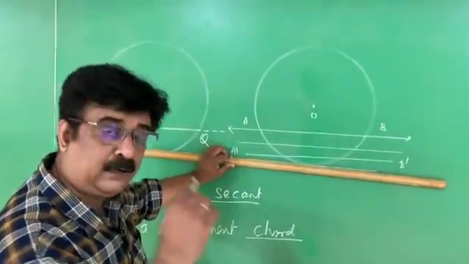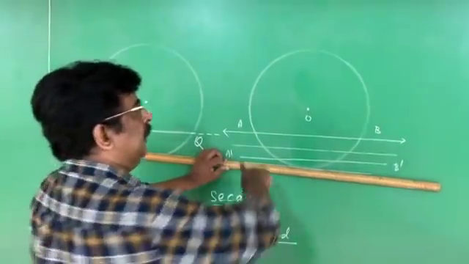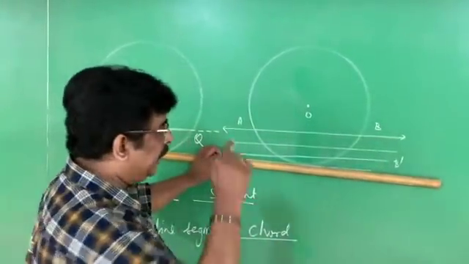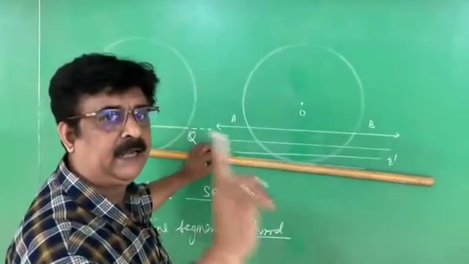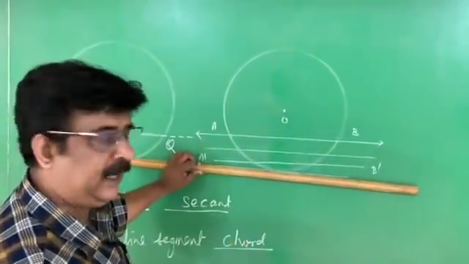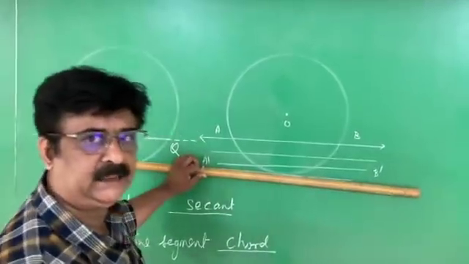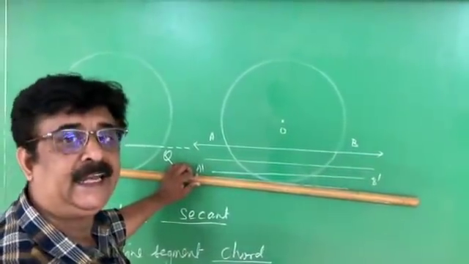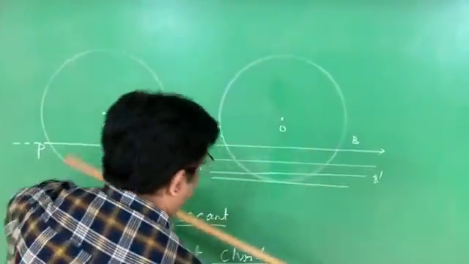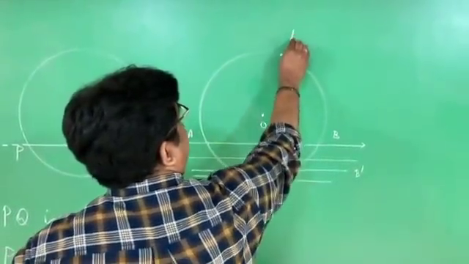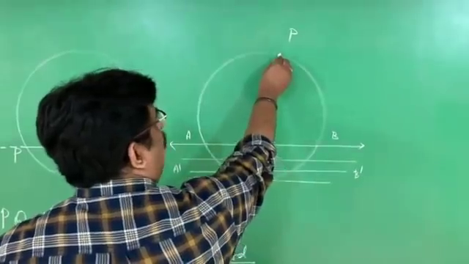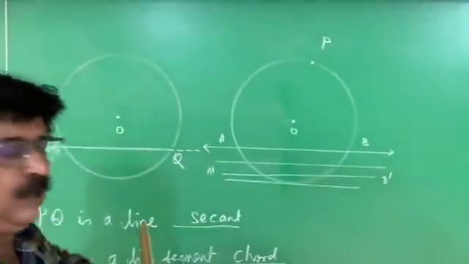Therefore, this concludes that in a circle, at any one point, we can draw only one tangent. I repeat once again, we can draw only one tangent to a circle at any point. For example, on a circle, here there is a point. I call this point P. At this point, how many tangents can you draw?